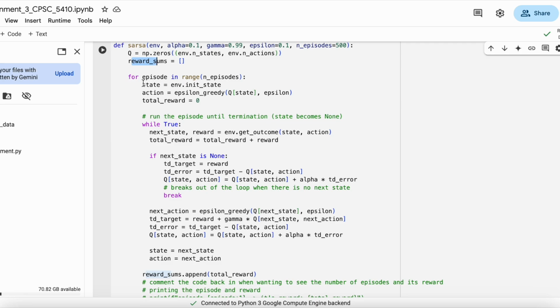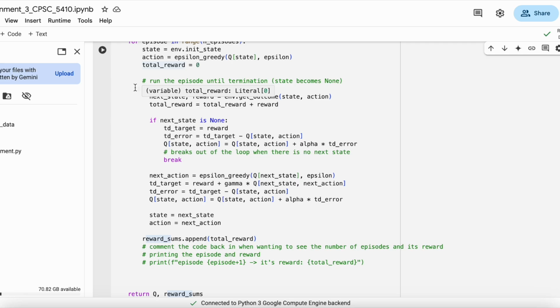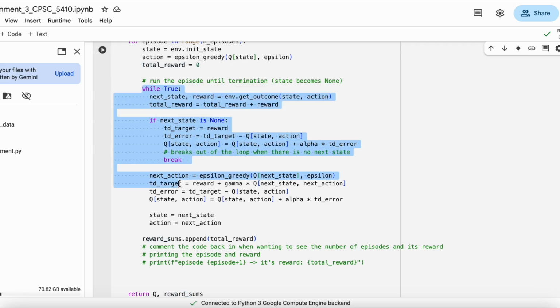For each episode, we first get the initial state the first time it runs. Then the action comes from epsilon greedy, which takes in the state and the epsilon, and the total reward starts at 0. This while True loop runs for each episode until there is no state.